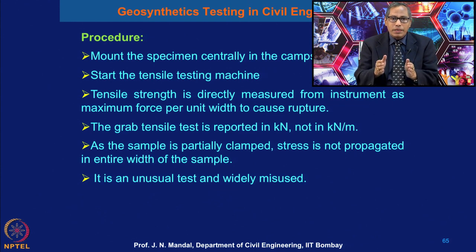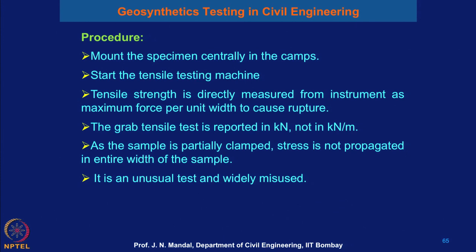As the sample is partially clamped, the stress is not propagated in the entire width of the sample. So, it is an unusual test and widely misused. So, I am giving one example for this test.